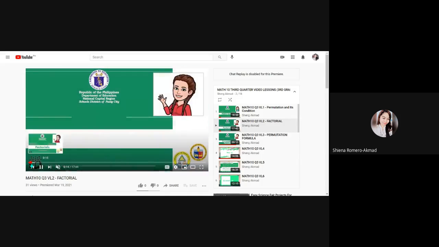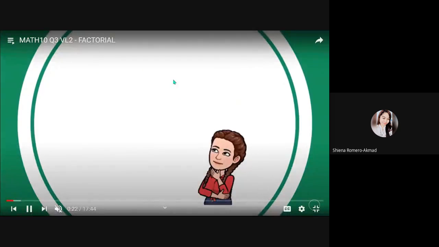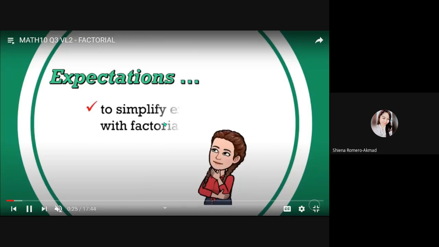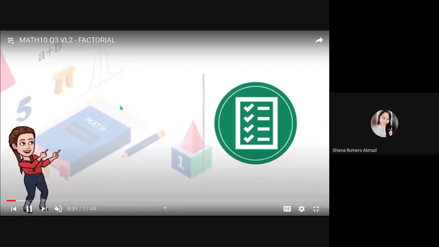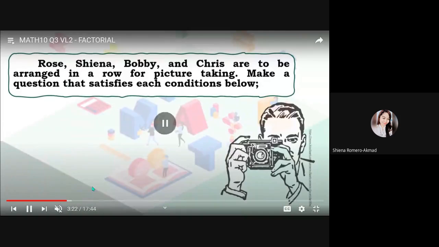So we are going to have module number 2. It is about factorials. Your goal today is for you to simplify expressions with factorials. So let us now proceed to the lesson. I have here a situation.